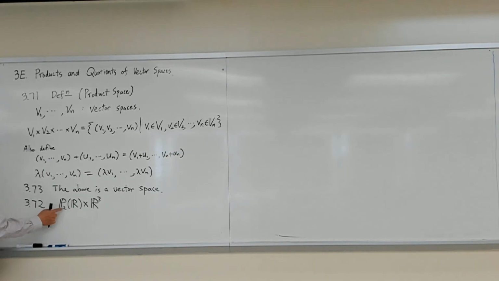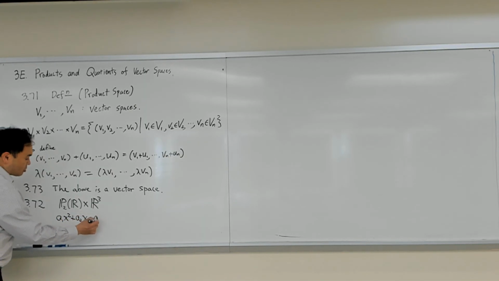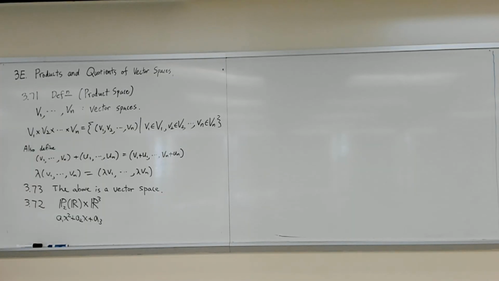What are the generic elements of P2(R)? P2(R) is a collection of polynomials with degree 2 or less? Yeah, so they all look like a1 x squared plus a2 x plus a3.